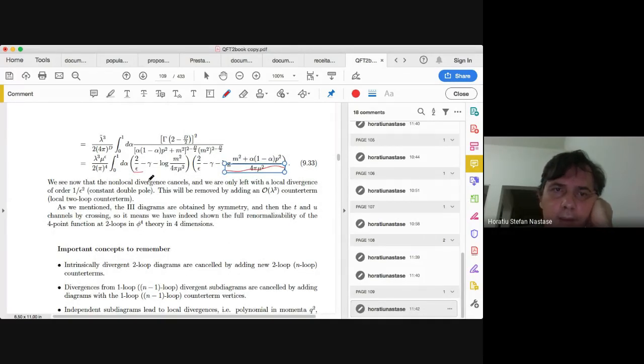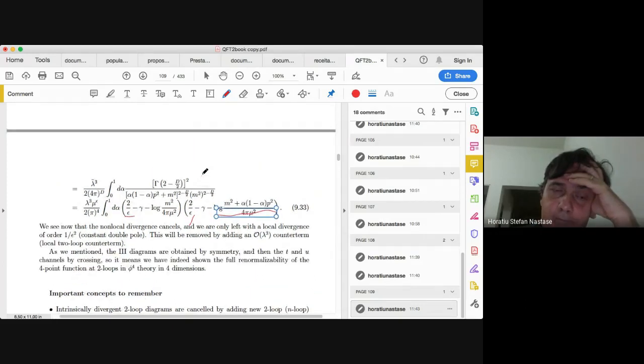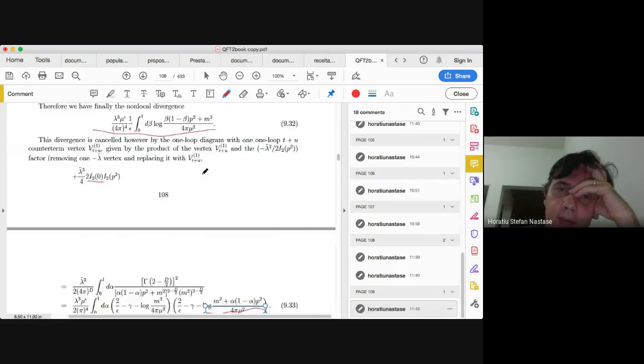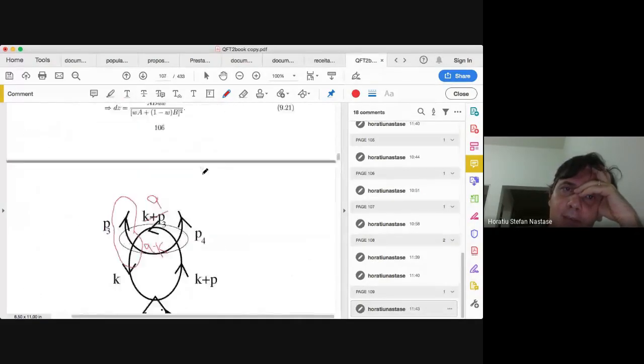And again, we have also a 1 over epsilon squared constant part that is part of the intrinsically two loop counter term.